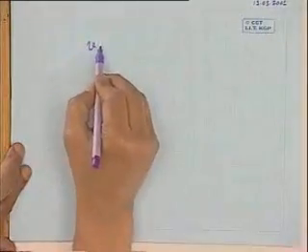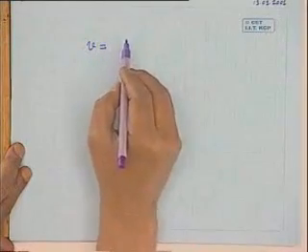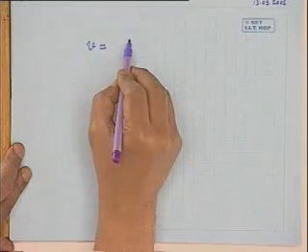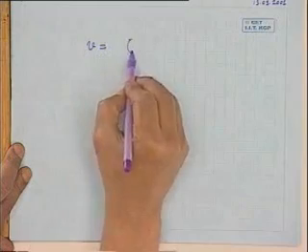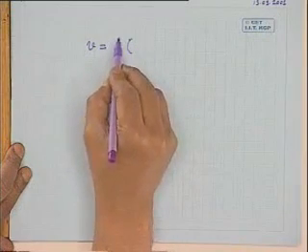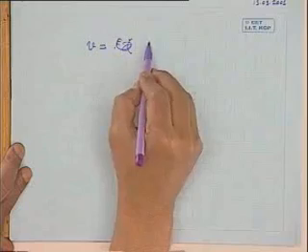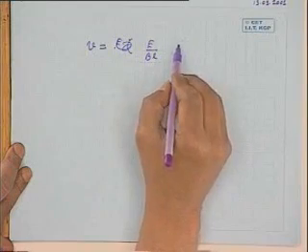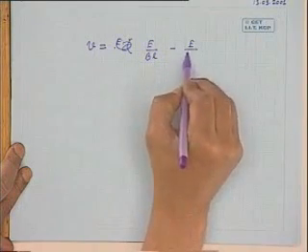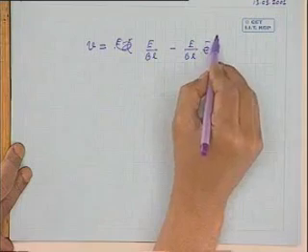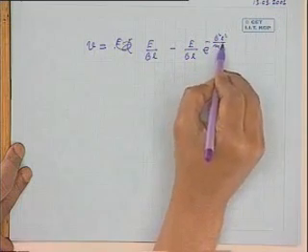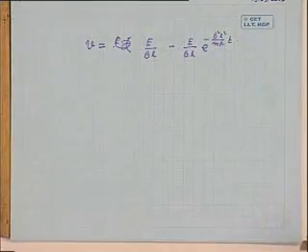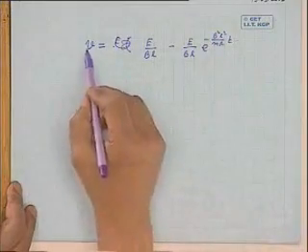Substitute this and you will get the velocity. Velocity at any time t will become E by BL minus E by BL into e to the power minus this thing.